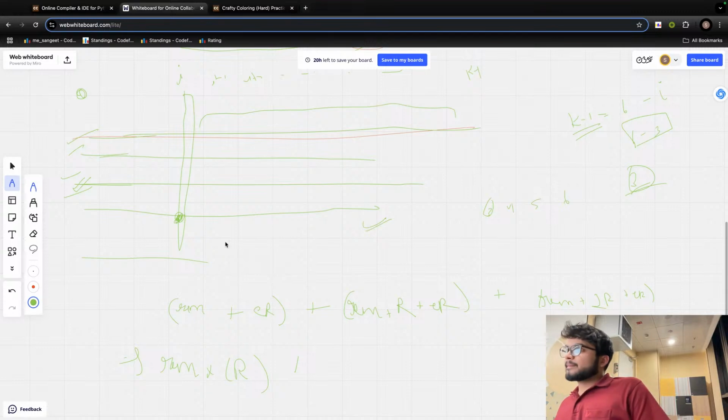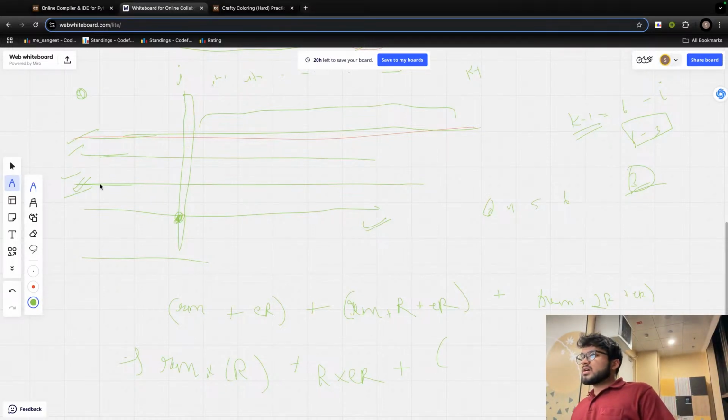So r into element at right plus r, 2r, 3r, 4r: r into 1 plus 2 plus 3 plus 4.